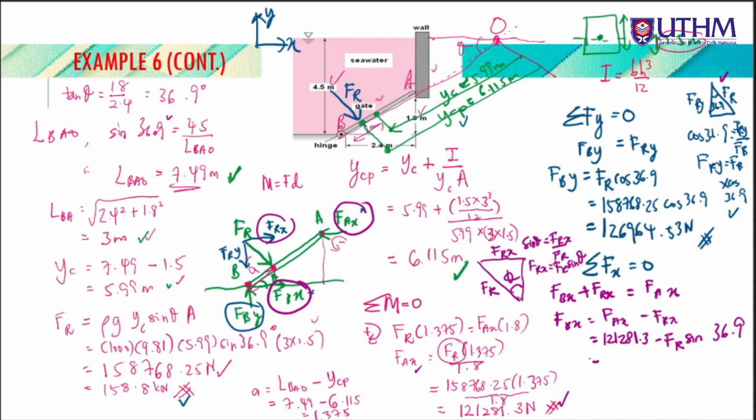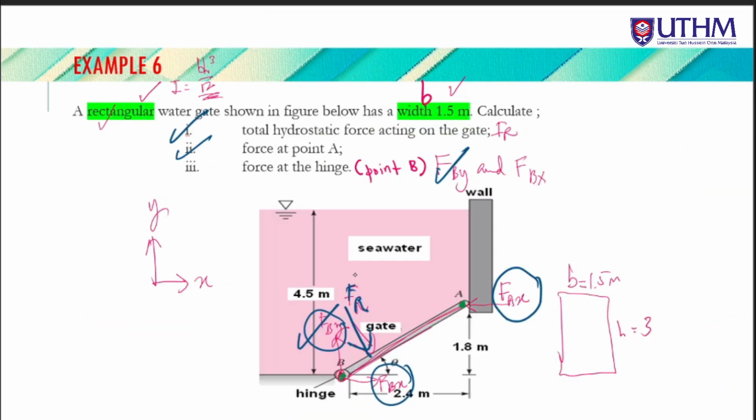Okay, so in the end kita akan dapat the value of Fp in X component equal to 25,953.63 Newton. Okay, so in the end kita dah menjawab soalan ni juga, Fpx.